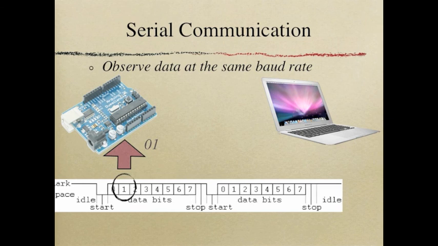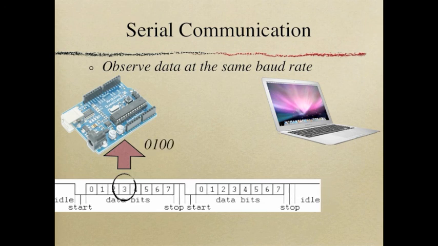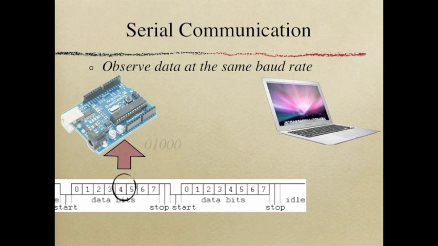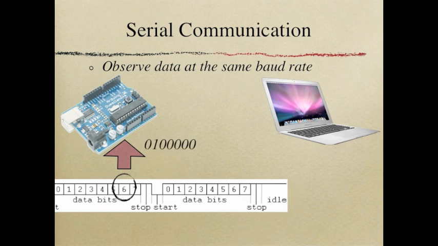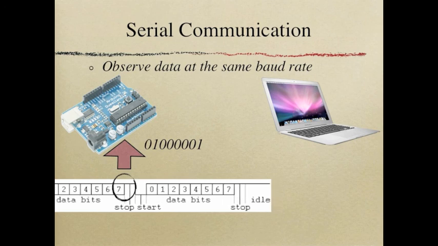Once we get all 8 bits, we can recognize the character. That means to use serial communication, both devices have to be configured for the same rate and same data format, or in this case what we call a protocol. In this example, we just transmitted a character A from your laptop to the Arduino board through serial line communication.